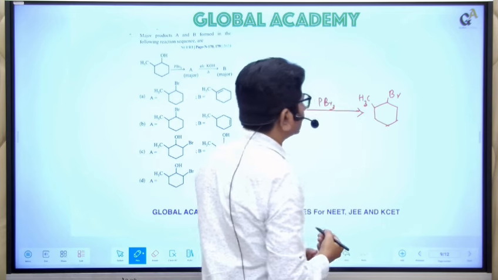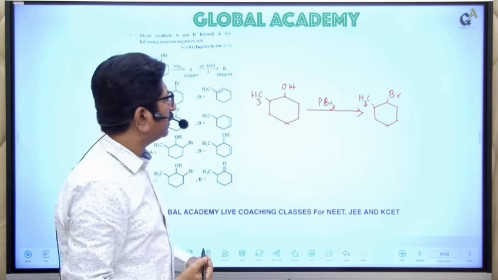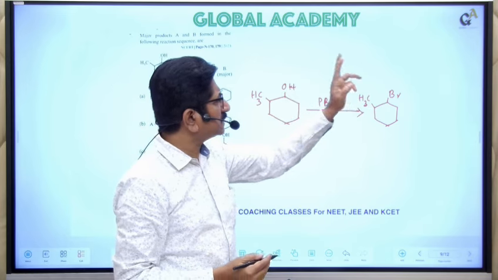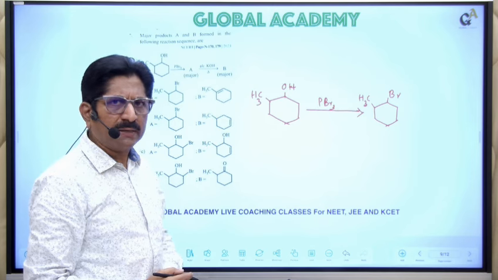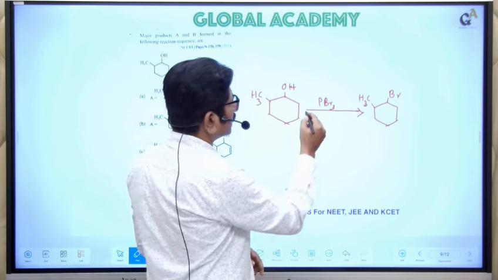It is a nucleophilic substitution where the OH is replaced and substituted by the bromide, and that is the first step.